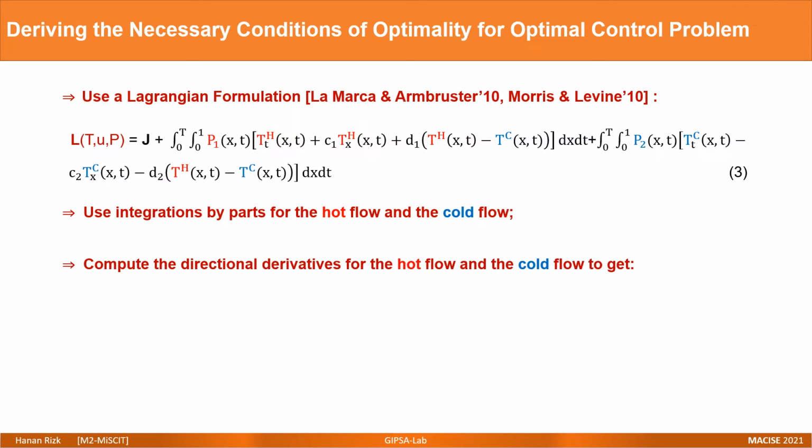After that, we will use integration by parts with respect to time and space for the hot and cold flow, and compute the directional derivatives for the hot flow and the cold flow.